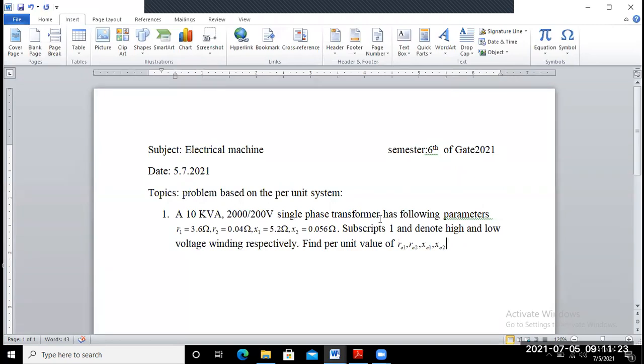So this is the problem given, where the parameters R1, R2, X1, X2 are given to you. Here 1 and 2 represent the high voltage side and low voltage side. 1 represents the high voltage side, 2 represents the low voltage side. So now how can we find the per unit value of Re1, that means the equivalent resistance referred to the high voltage side.